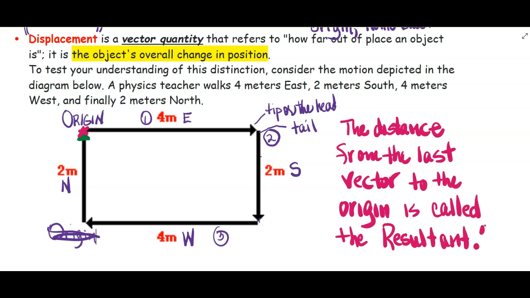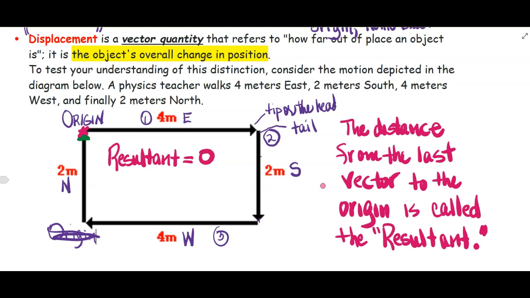So when we took the distance that you had come, and then we measured how far it was from where we ended to the origin, that's the result of what we did, and the name for that is the resultant. So the point is the resultant here equals 0 because she came right back to where she started from.